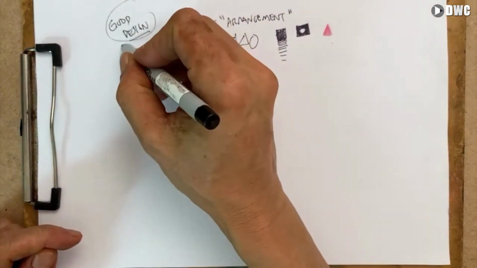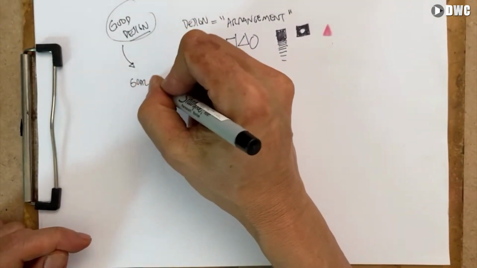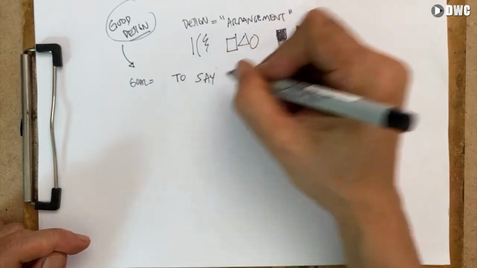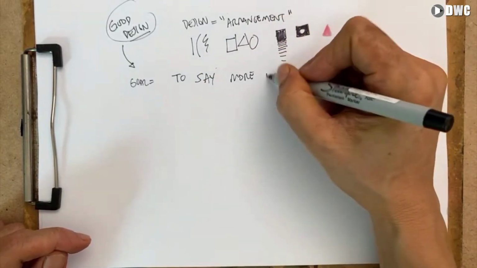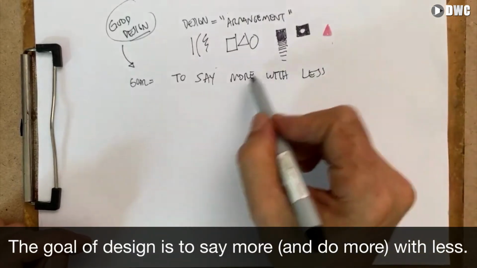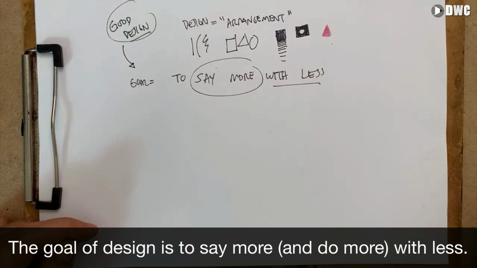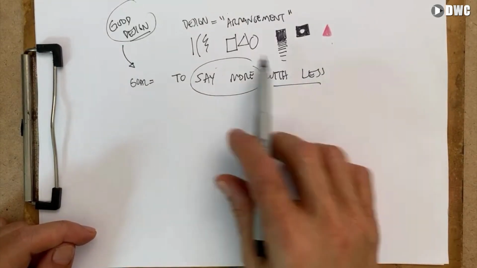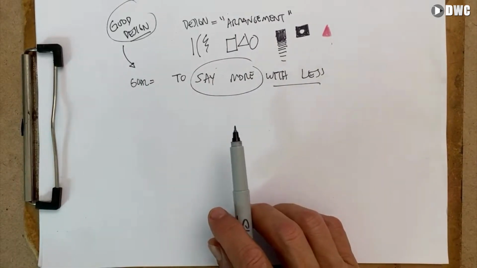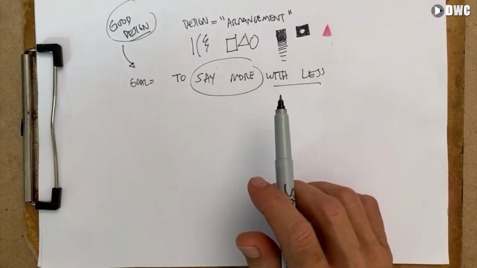So for me, what is the purpose of good design? What is the goal? It is to say more with less. We want to say more with less. So how can we communicate a lot of stuff, ideas, story, narrative, emotions, feelings, with less stuff, less work, less junk, less detail?